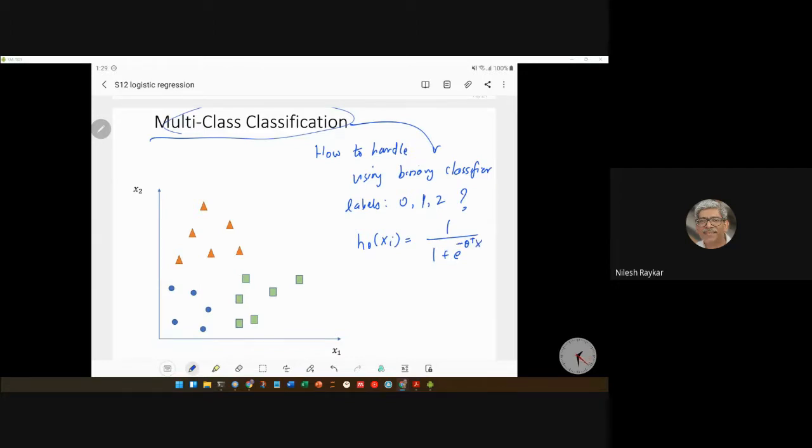If you multiply it by 2, you will get values between 0 and 2. Okay, you mean to say that you have some partitioning, from where to where it is 0, from where to where it is 1, and from where to where it is 2. Is that what you are saying? Yes, sir.